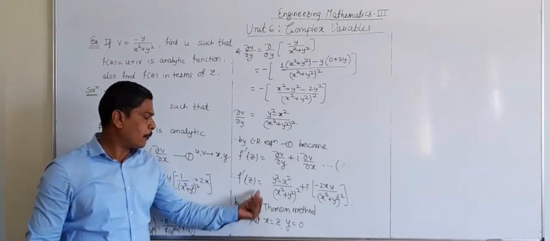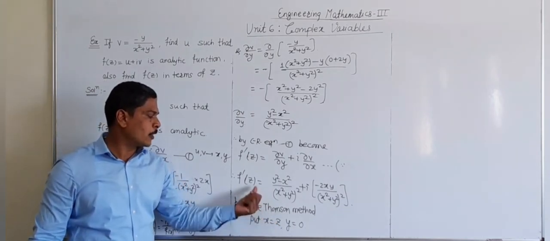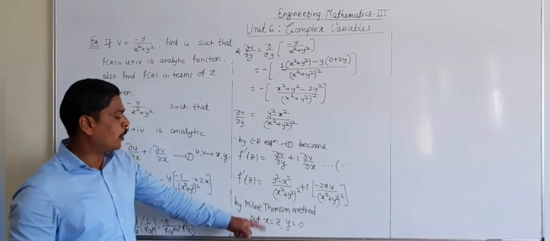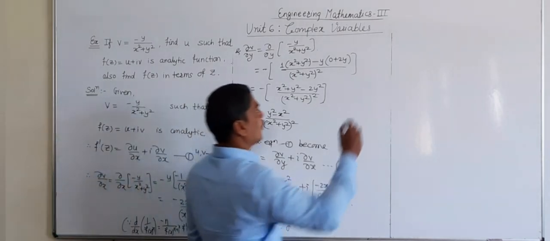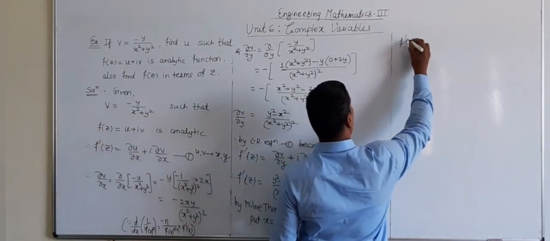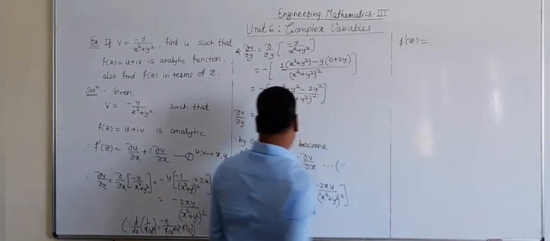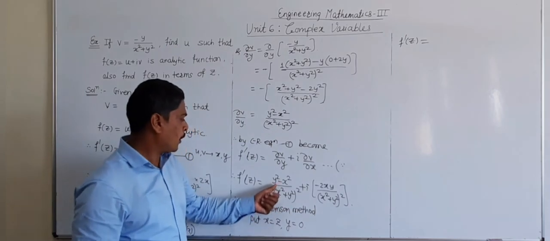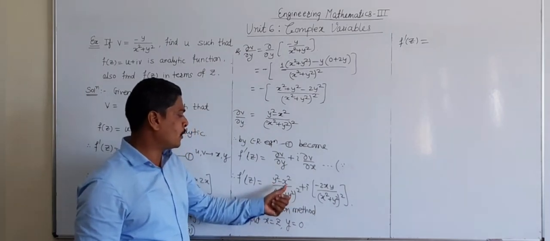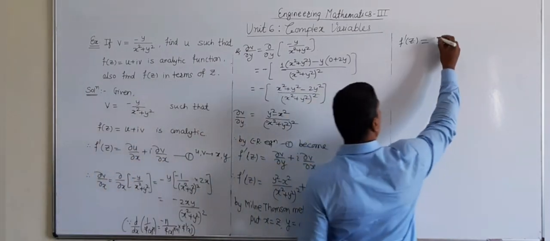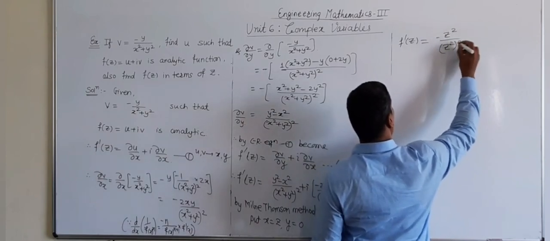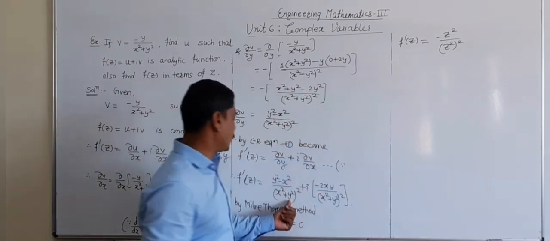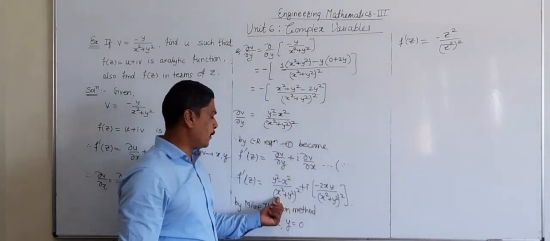And now we are applying Milne-Thomson's method in this equation by putting x is equal to z and y is equal to 0. So this equation becomes f dash of z, which is equal to, by replacing y is equal to 0 and x by z, minus z square divided by z square whole square.